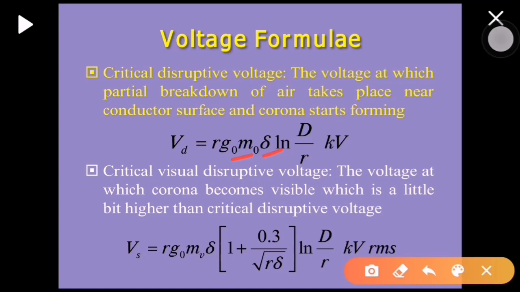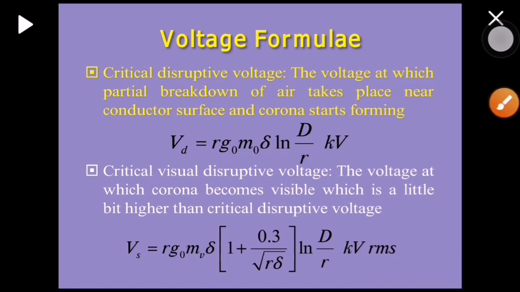If surface is not smooth, definitely at sharp edges of the irregular surfaces, there will be larger potential gradient or larger electric field intensity, and that's why the corona will happen at some lesser voltage than that of the smooth surface conductor. Fine, and that's why m0 is taken into consideration. Delta is known as air density factor. Why? Because breakdown of air in case of corona also depends on atmospheric conditions, say temperature and pressure.